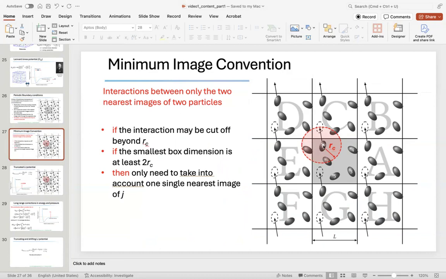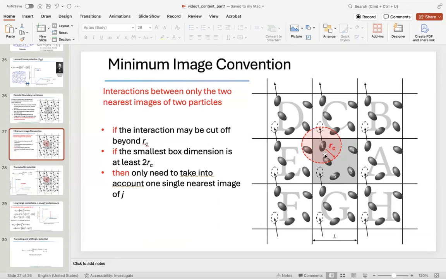Now, you need to keep track of the neighbors of each of these atoms or molecules. And if you need to keep track of these molecules, then you need to have a neighbor list for each of these molecules for computational efficiency, because you cannot do it in a brute force way where you loop over all the neighbors at every point in time. This makes the simulation very slow.